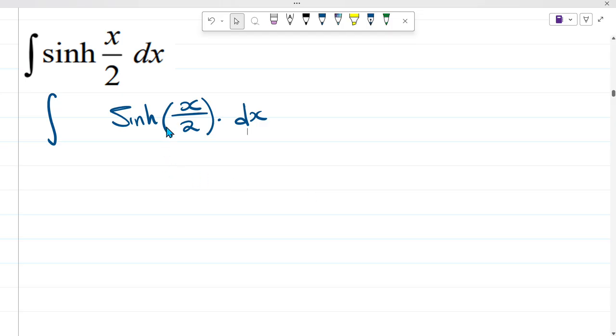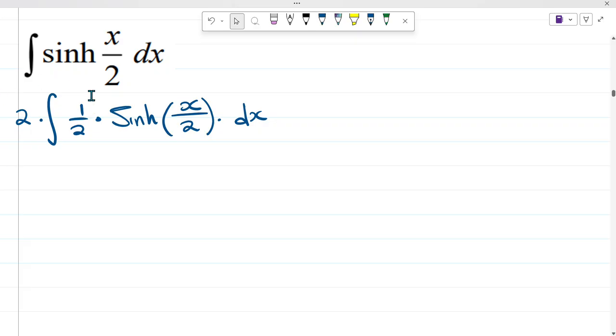Whenever we differentiate x over 2, what do we get? We get 1 over 2. So you should make sure that you have the derivative of the argument. Since our argument was x over 2, here we should have 1 over 2. Because we didn't have 1 over 2, you need to cancel it out by multiplying by 2 outside the integral, so that the 2 and 2 can cancel out.